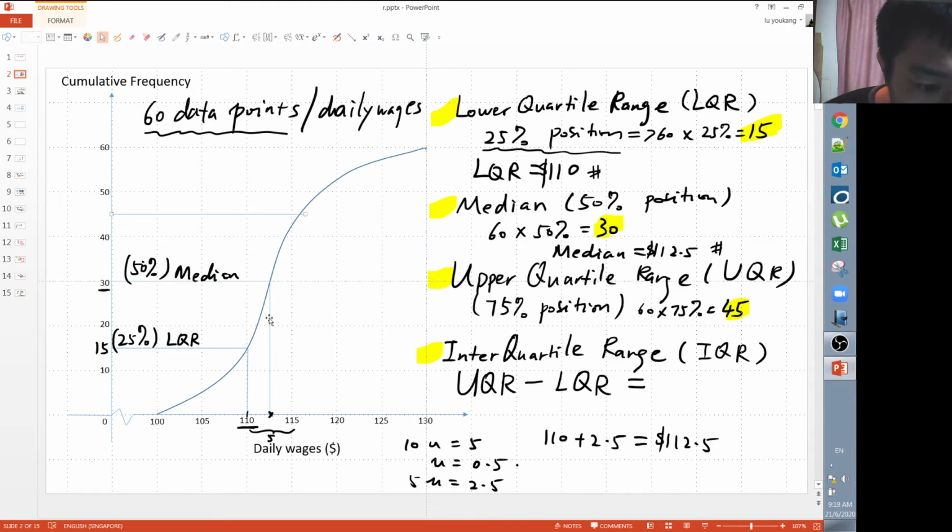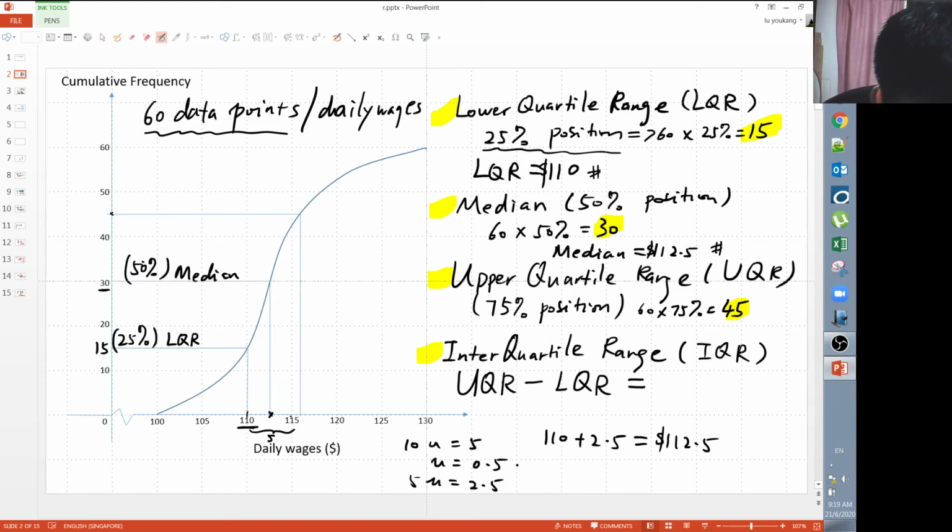Okay, so my job is to move this as well. And let me extend this so that it hits. Alright, so just move the line. Okay, so now just read this off this horizontal axis.